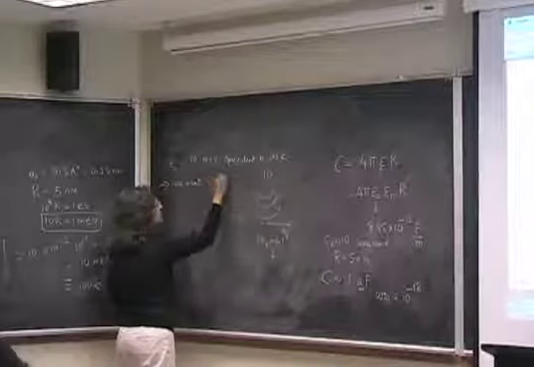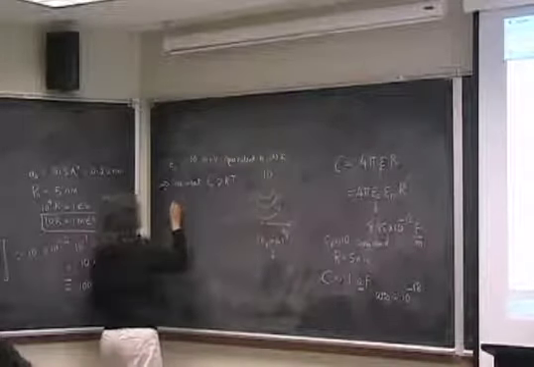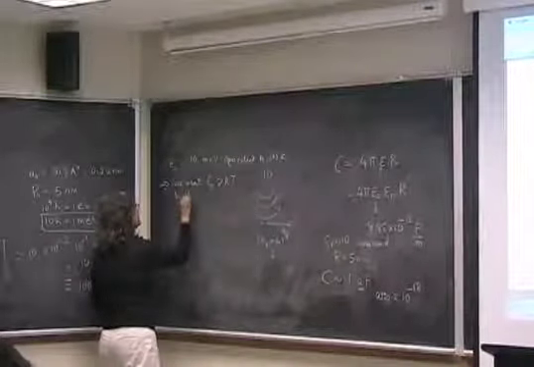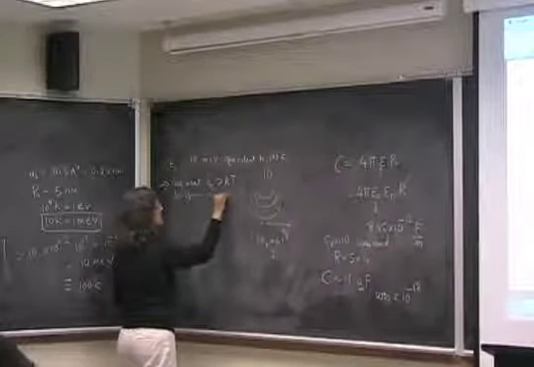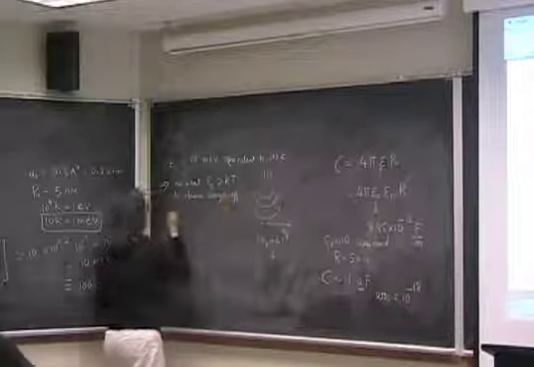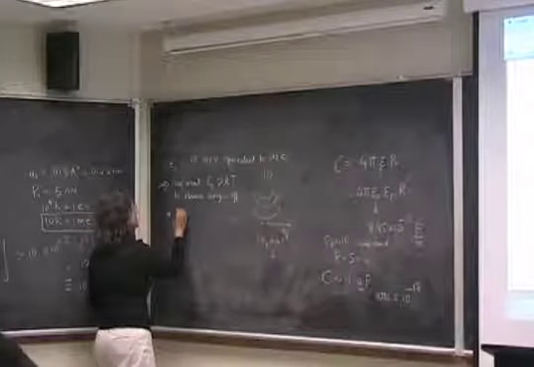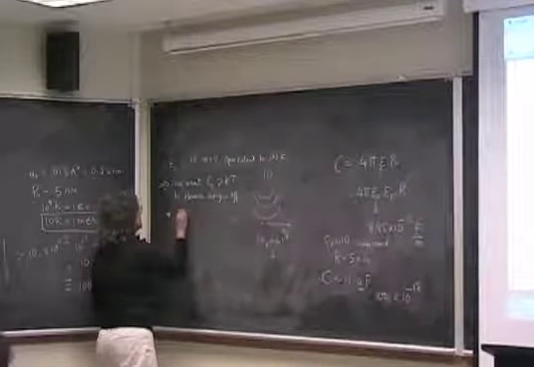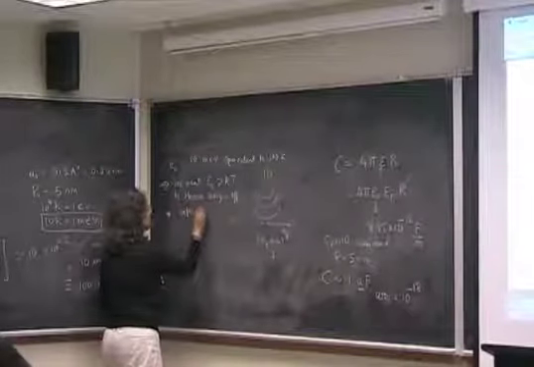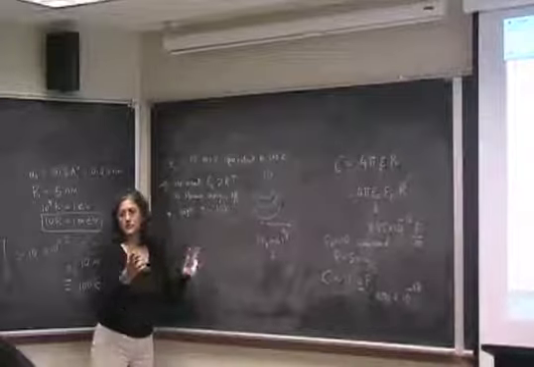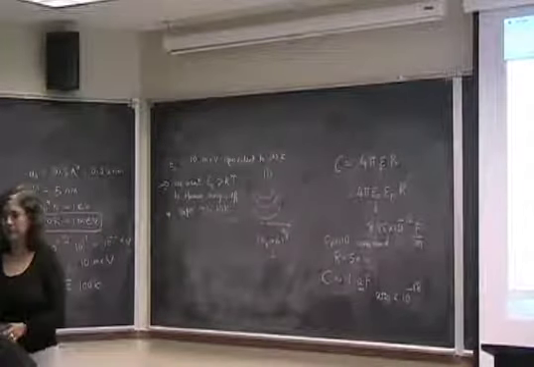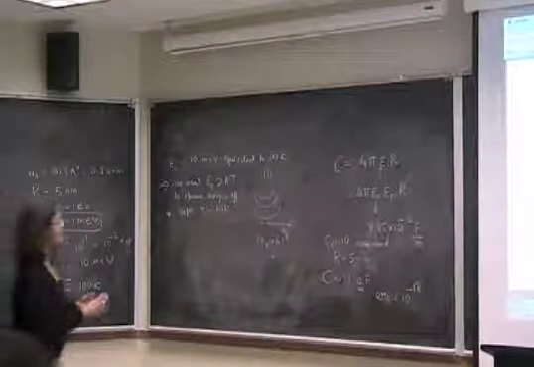This implies that we want EC to be greater than kT to observe charging effects. And that implies that experimental temperatures are on the order of, let's say, 10 Kelvin, or 1 to 10 Kelvin. You want to be much lower. Okay, so these are the kinds of estimates one can make.